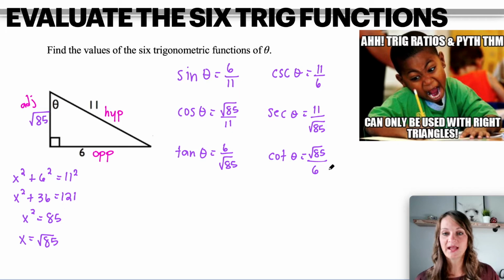Now, back in Algebra 2, you learned about radicals and the fact that radicals cannot be in the denominator. So in many instances, for example, with secant and tangent, this would probably not be your final answer. They probably would have this simplified to where a square root cannot be in the denominator.